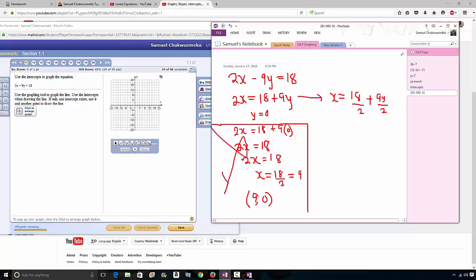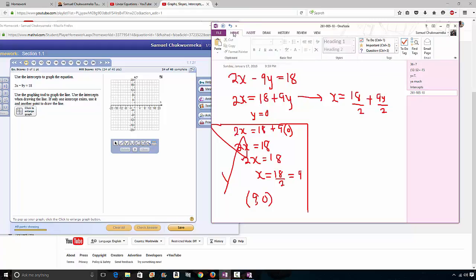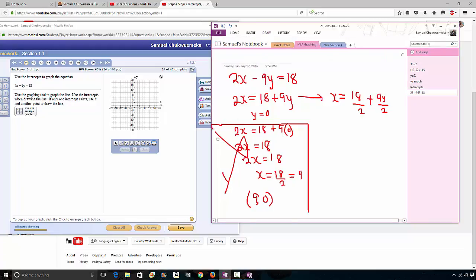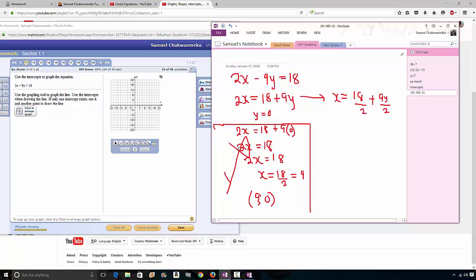Okay, oops, what did I just do now? You go to the small eraser, just erase this. I will say solve for x first before you substitute.